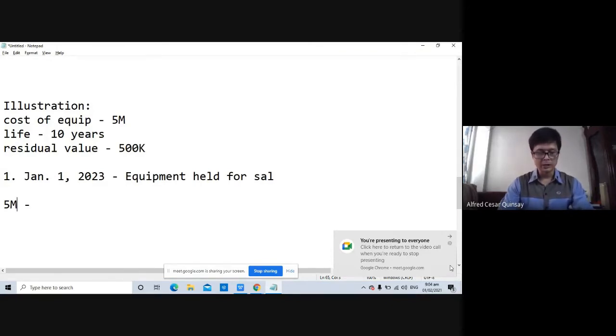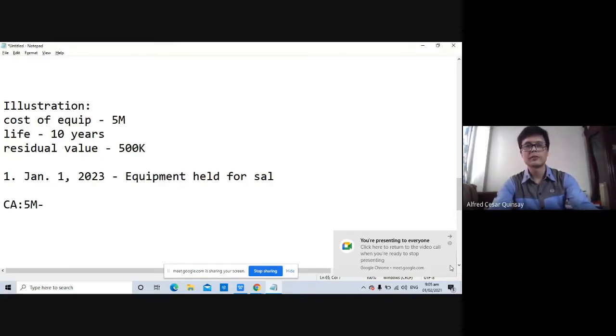So on January 1, 2023, we first take the carrying amount of the equipment. That's the first step. So how do we get the carrying amount? It's easy, that is 5 million.